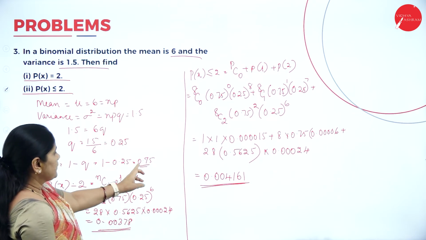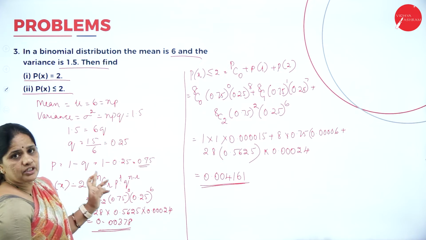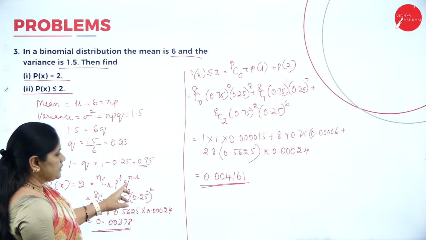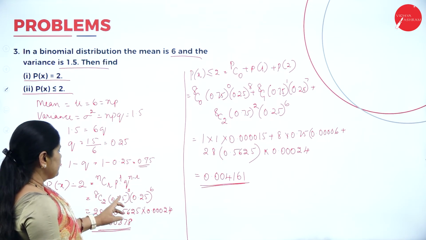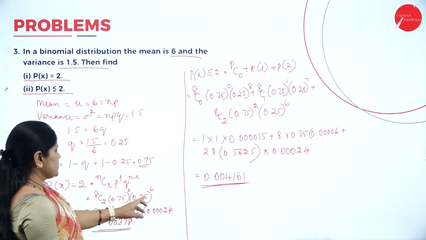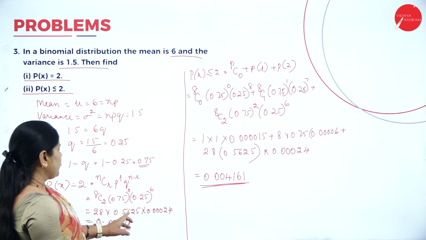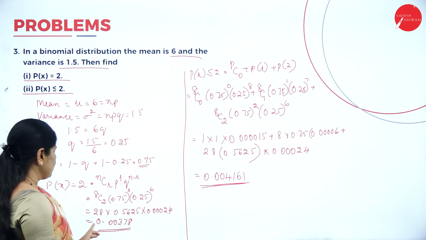So p will be equal to 0.75. The probability of x equals 2 will be nCr into p to the power r into q to the power of n minus r. So 8C2 will be 0.75 the whole square, 0.25 to the power 6. So 28 into 0.5625 into 0.00024.